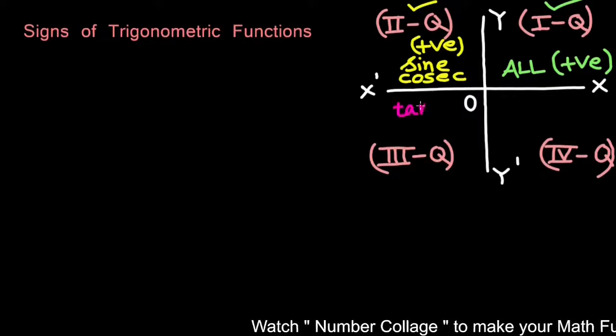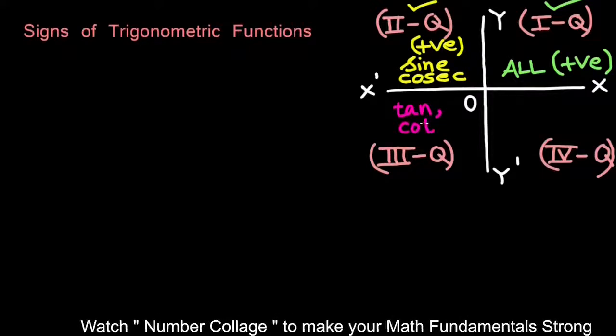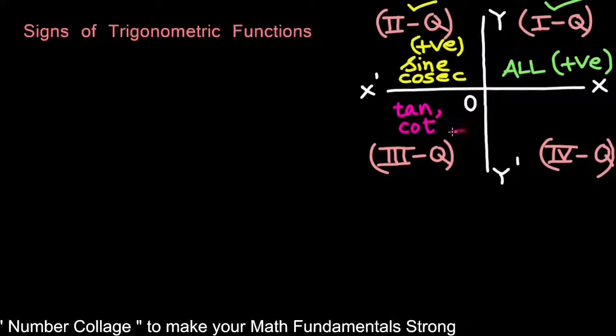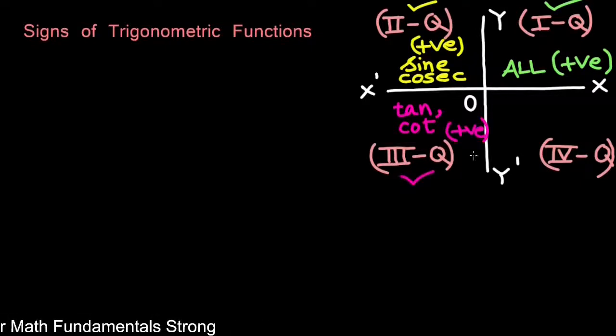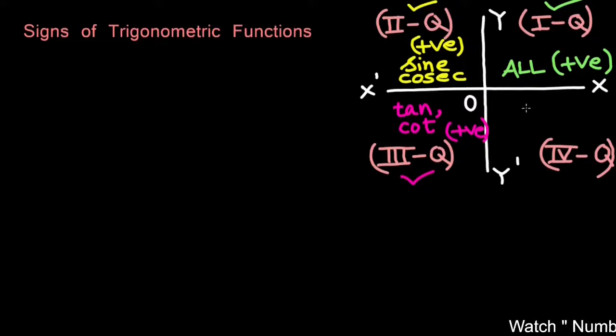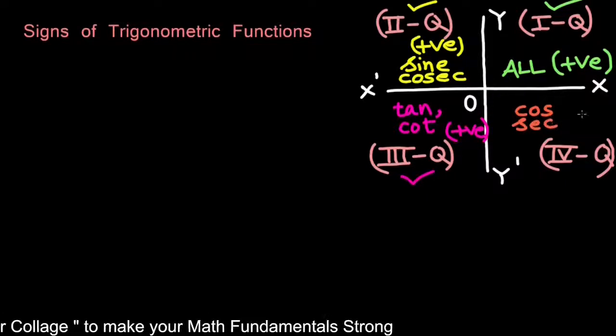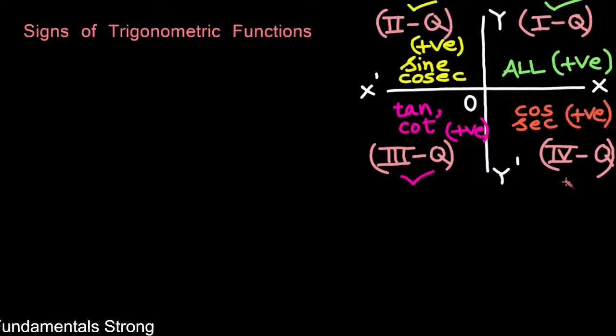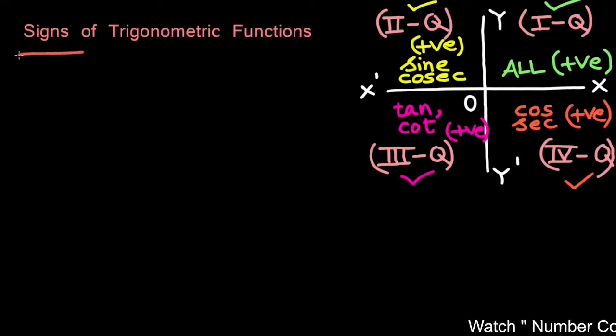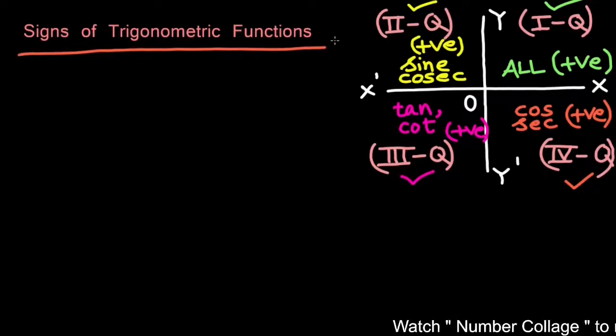Only tan and cot trigonometric functions are positive in the third quadrant, and the remaining ratios are negative. Only cos and sec trigonometric ratios are positive in the fourth quadrant, and the remaining trigonometric ratios are negative. This is how you can decide the signs of trigonometric functions.